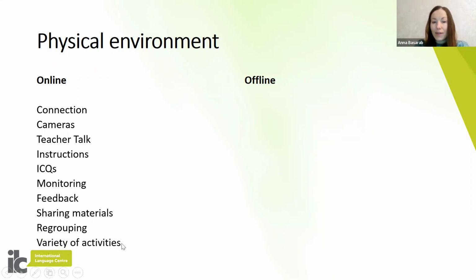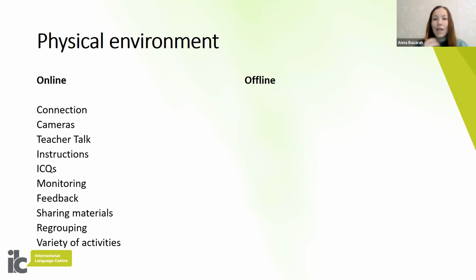The variety of activities. So with online, it could be pretty limited. And here we need to probably use our creativity, because in an offline environment, you could ask your students to work at the board, they could do some mingling activities, they could even do running dictations, they could physically sit together. Here it's a little bit limited.